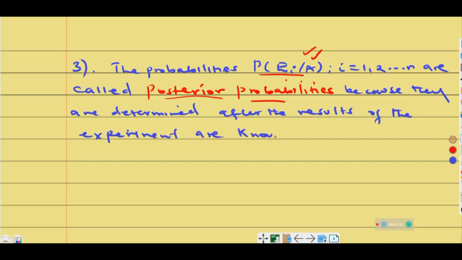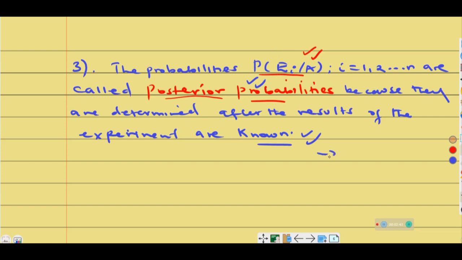When we have the results of the experiment, we are able to come up with the probabilities P of Ei given A, and we shall be calling them posterior probabilities.